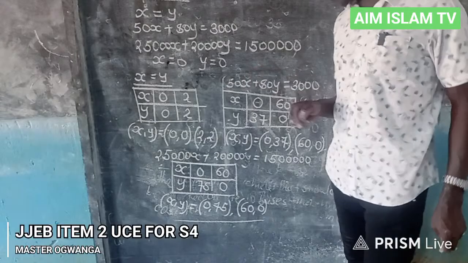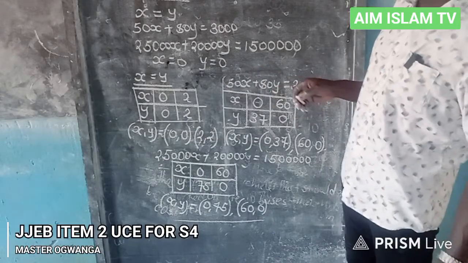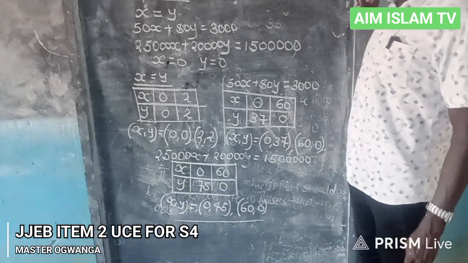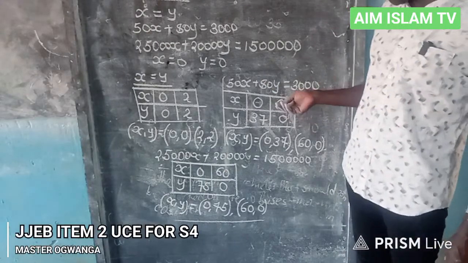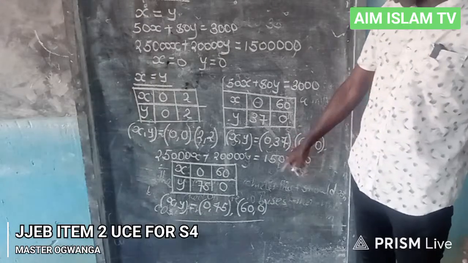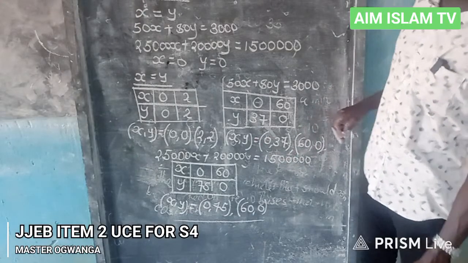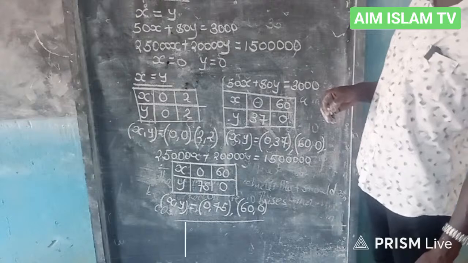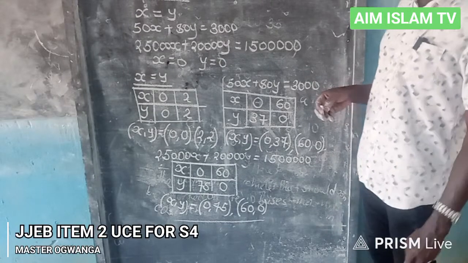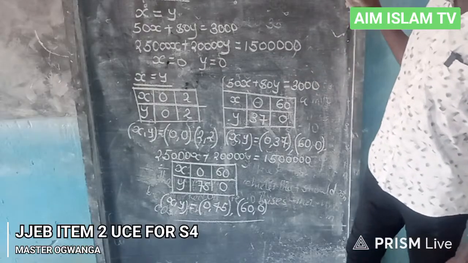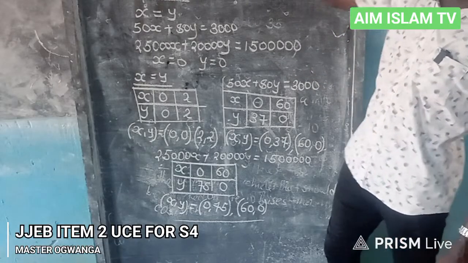I said before that the lines x equals 0 and y equals 0 represent the two axes of the graph, that is the y-axis and the x-axis. At this point, we are going to look at how to represent this on the graph. But before that, we have to first look at the nature of the line each constraint will represent.